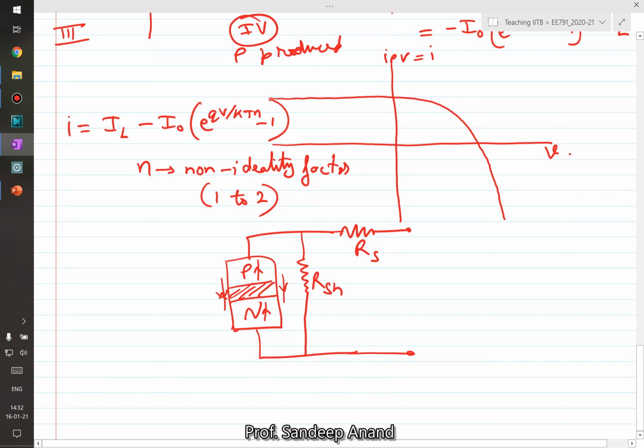So this series resistance and shunt resistance are present because of the non-ideal behavior of the system. So what we can do is our original equation, which I'm marking as equation number 2, can be converted into this new equation, which shows the equation including the behavior of series and shunt resistances.